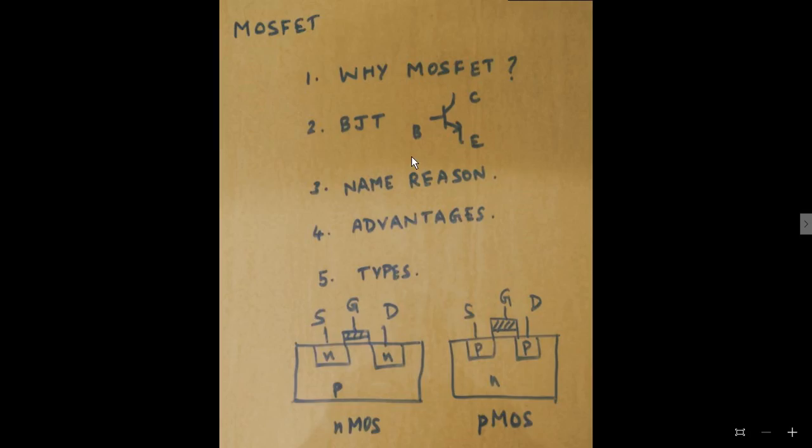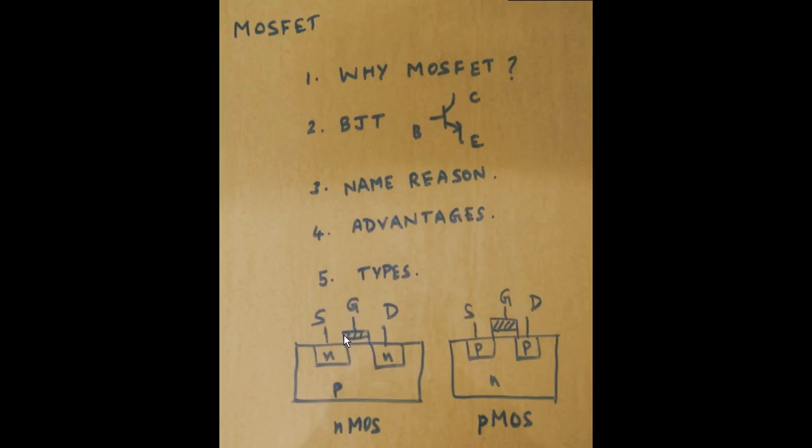The full form of MOSFET is metal oxide semiconductor field effect transistor. First I'll tell you about metal oxide semiconductor. Then I'll come to the field effect transistor part. As I told you, the conducting part, the top layer, is made of polysilicon nowadays.